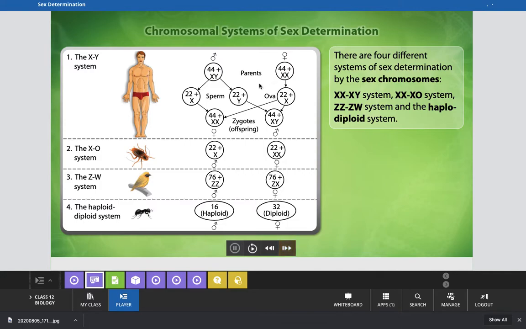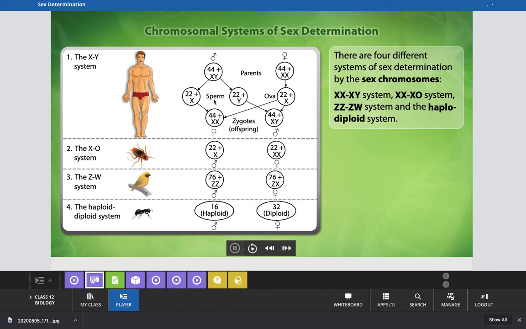Now, what happens at the time of sperm formation in males? There is a possibility of 2 types of sperm formation due to this heterogametic condition, this heterogamous pair of chromosomes. The sperms can be produced either with an X chromosome or with a Y chromosome.